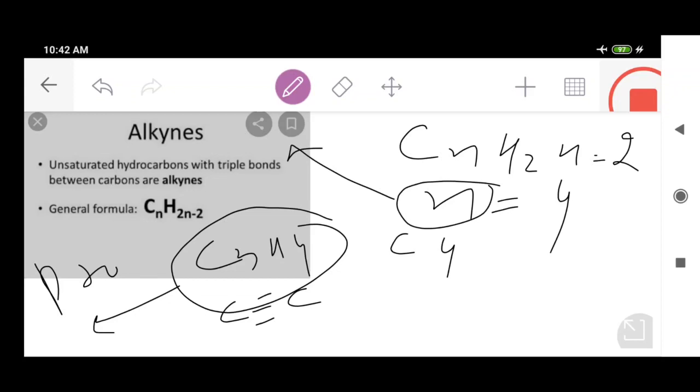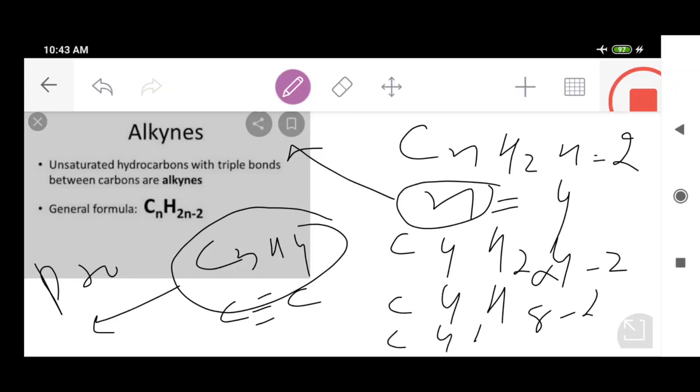So we have to substitute the value of these carbon atoms into the general formula, and we will get the series of these alkyne members. Now C4, H2 into 4 minus 2, that is C4, H4 twos are 8 minus 2, that is C4H6. This is one more member, C4H6.